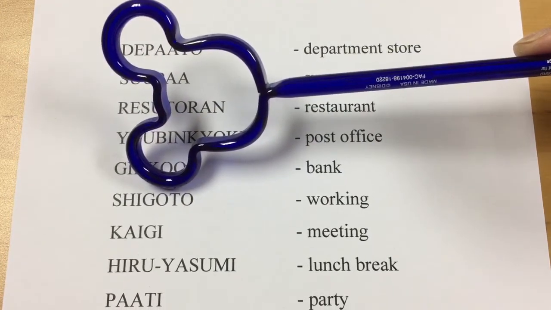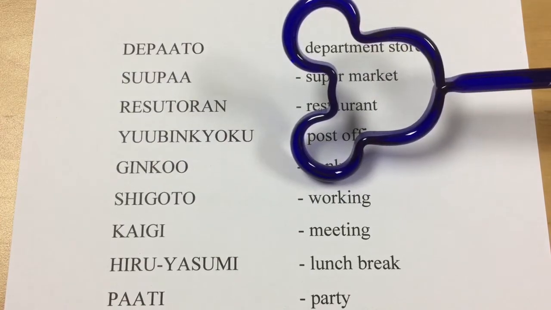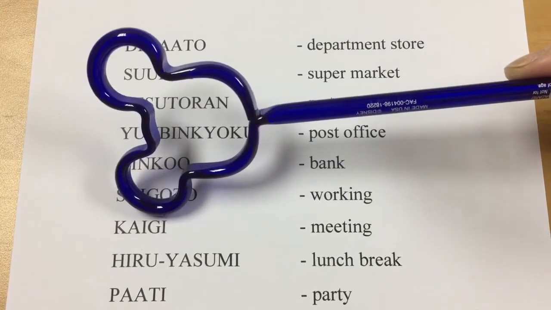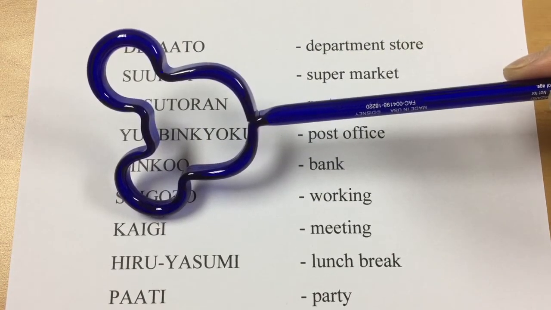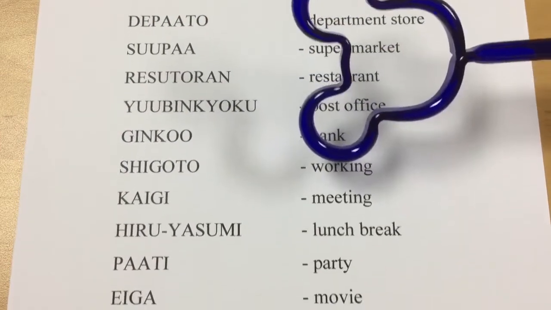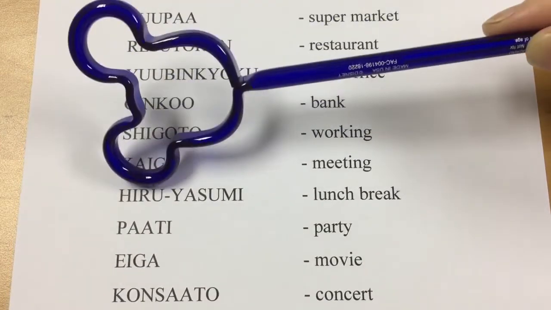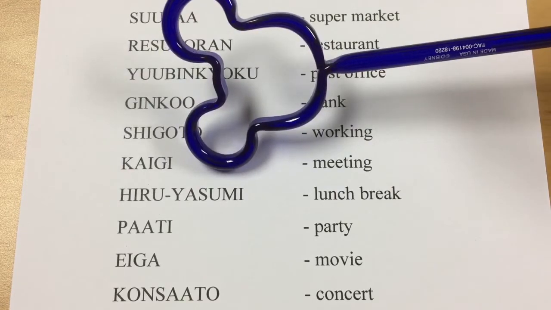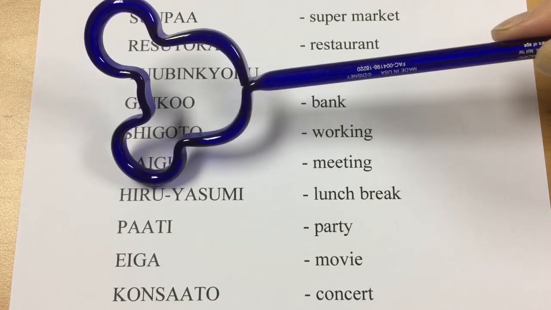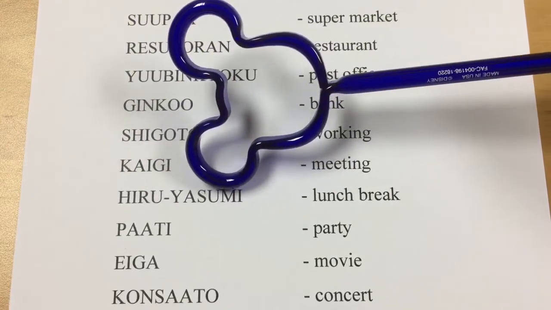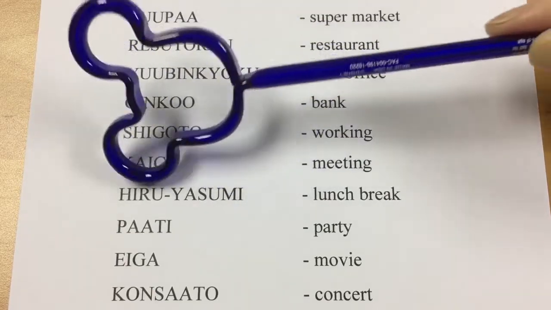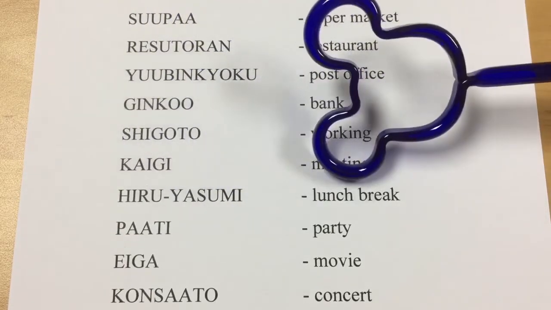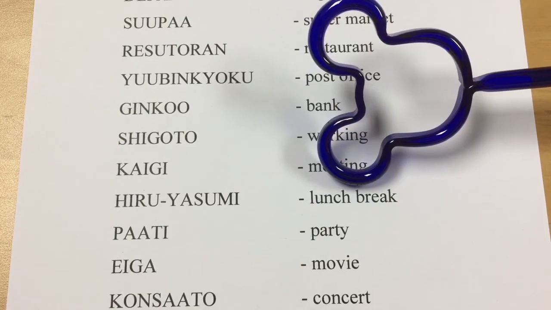仕事 means working. 会議, kaigi, means meeting. Hiru yasumi. Hiru means 12 o'clock. Yasumi means taking a break. So hiru yasumi means lunch time, lunch break.